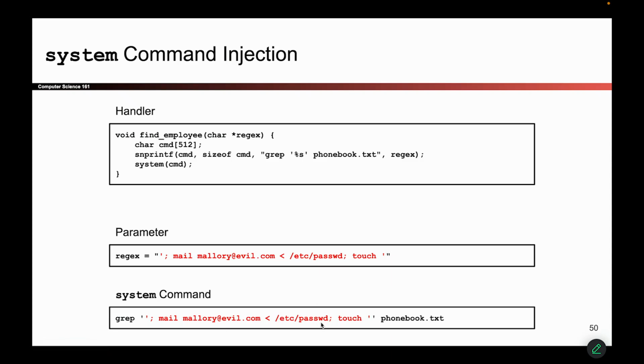So now we've emailed the passwords file to Mallory. That's bad. And then at the end, because we want to match up this quote, we write some dummy command that has a quote to match up this quote. This way, the syntax all works out. So this is another example of command injection, but instead of in SQL or JavaScript, it's now in the terminal, in Bash.